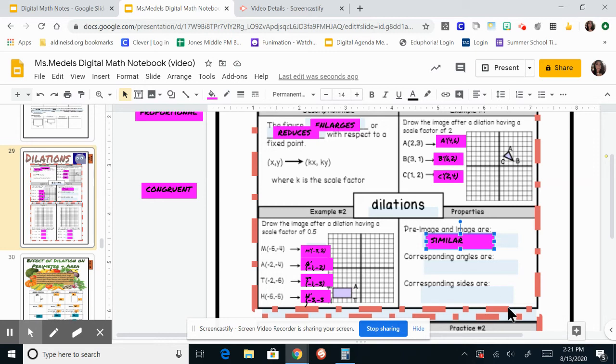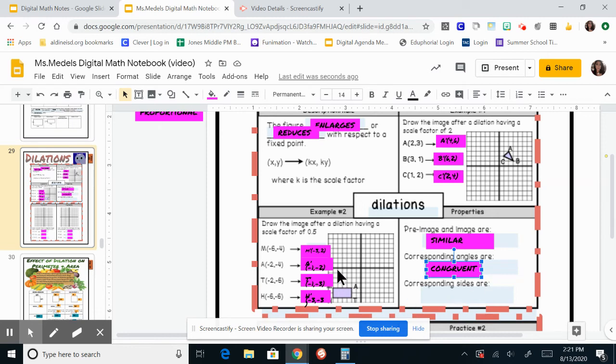Your corresponding angles, however, are going to be congruent. It doesn't matter how big or how small your dilation gets. If it is a true dilation, your corresponding angles are always going to be the same. They are always going to be congruent.